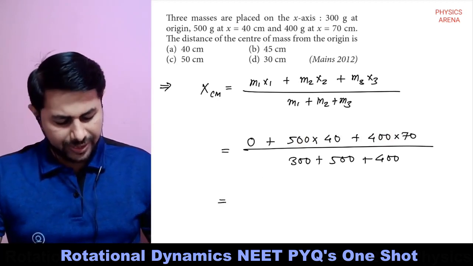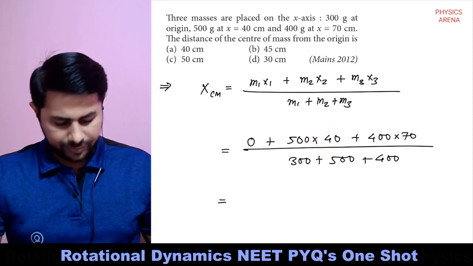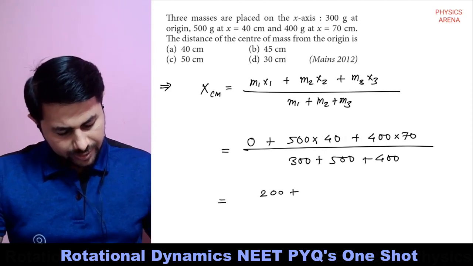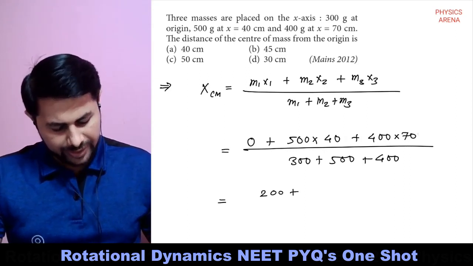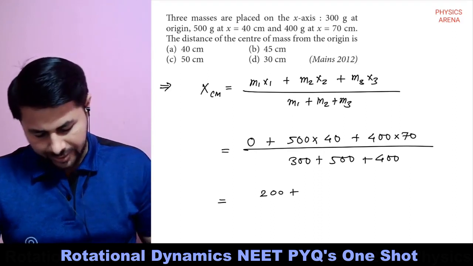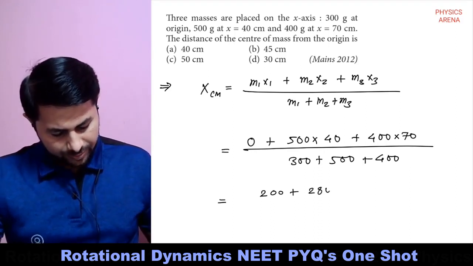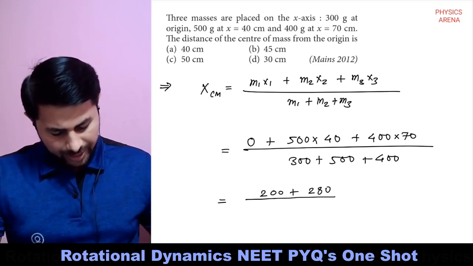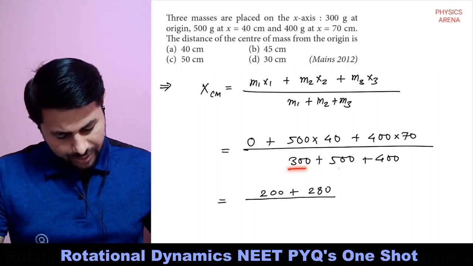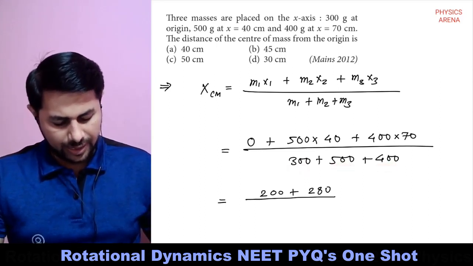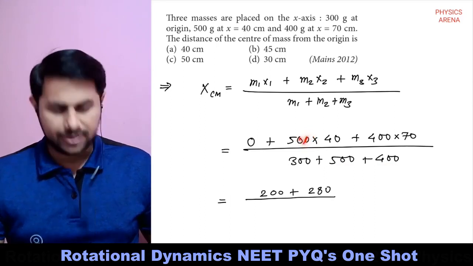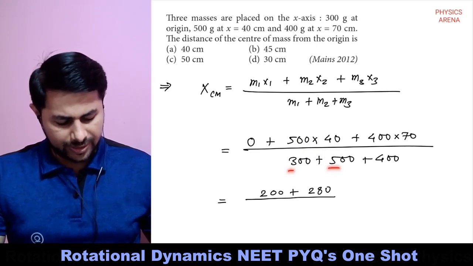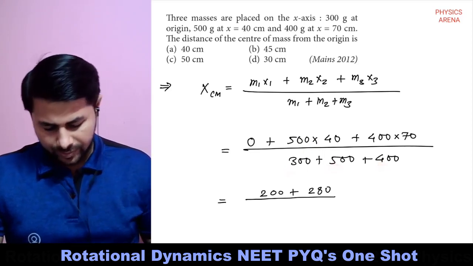So it is 5 times 40, which is 200, plus 70 times 4, which is 280, divided by, in the denominator, 300 plus 500 plus 400, neglecting the zeros, so 3 plus 5 plus 4. 5 plus 3 is 8, plus 4 is 12.